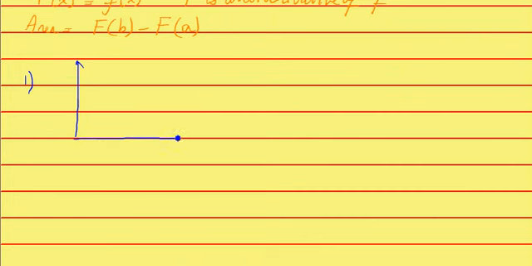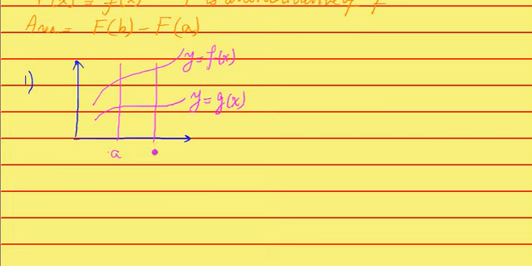What if I had a region that top of it was given to me by a function y equal to f of x, and the bottom of it, instead of being the x-axis, was some other curve, say g of x. To keep the problem manageable at this level, the left and right is still given by a straight vertical line. So this is a and this is b, and our objective is same as before, to find out what is this area.